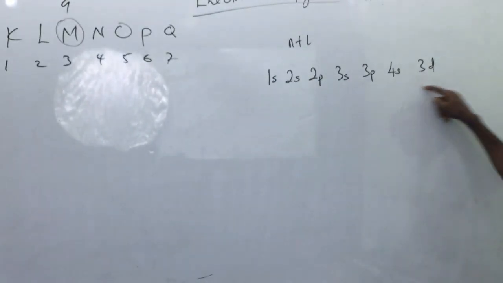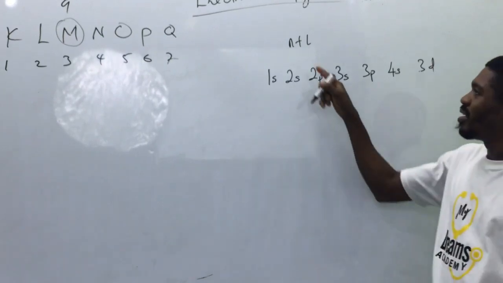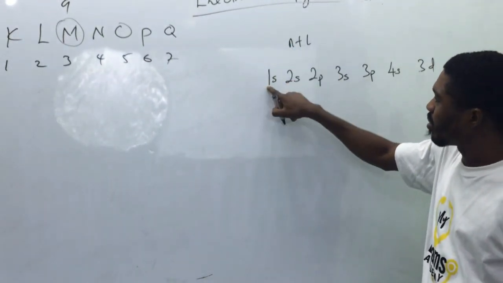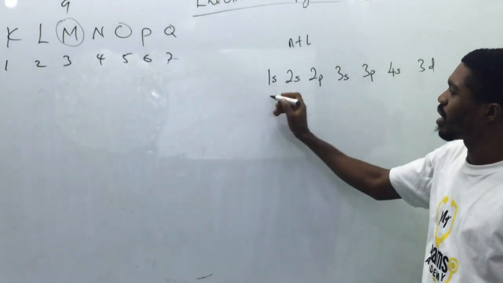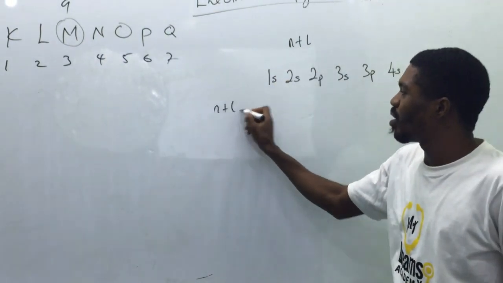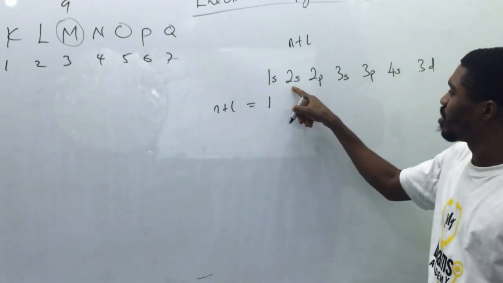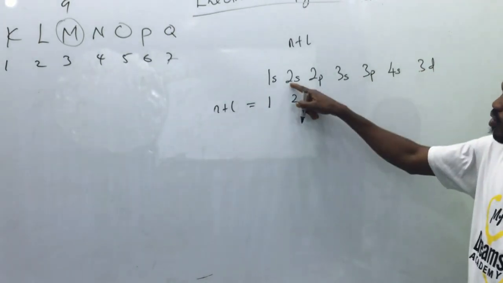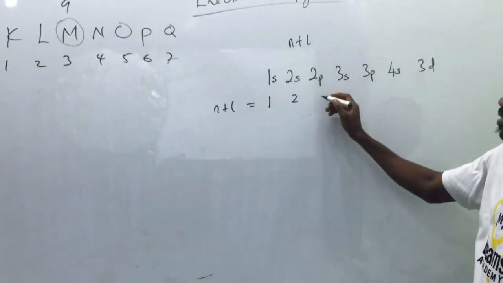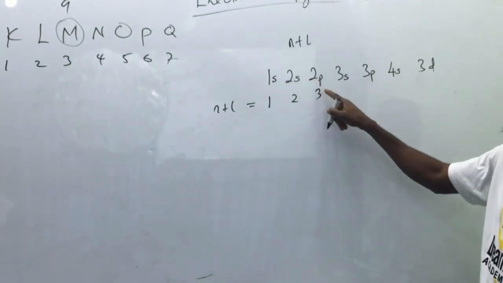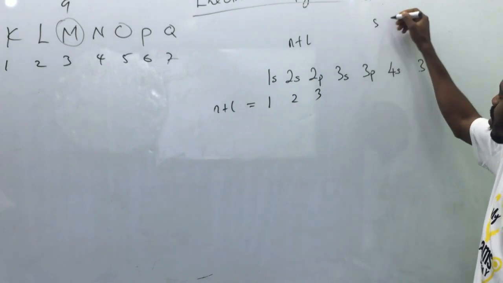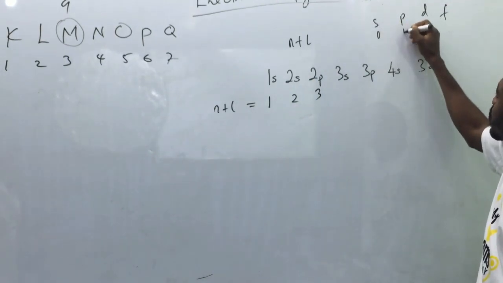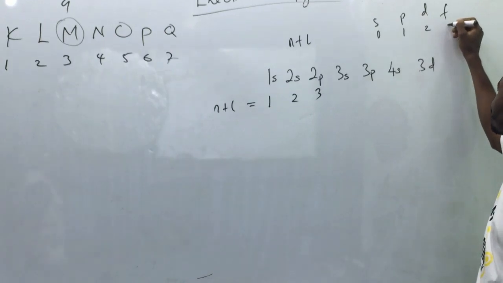So, for example, for 1s, n is 1 and L is 0, so the n plus L value here is 1. For this one it is 2, that is 2 plus 0. For this one it is 3, which is 2 plus 1. Remember that we have S, P, D, F: this one is 0, this one is 1, this one is 2, this one is 3.